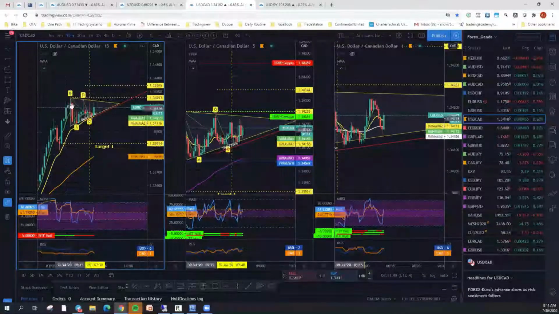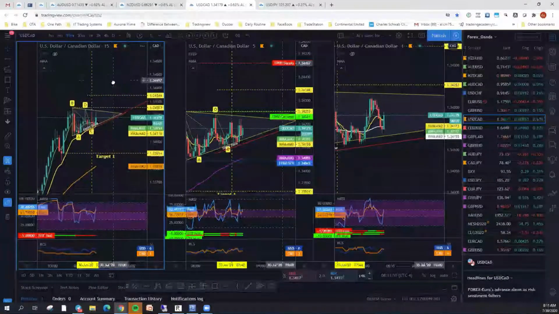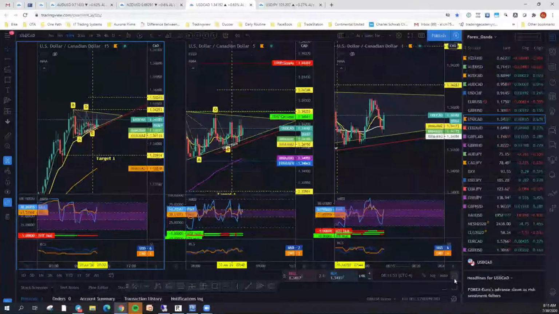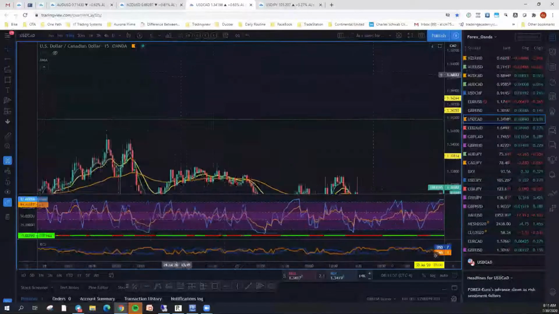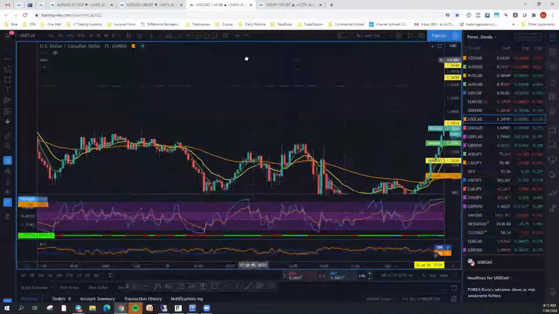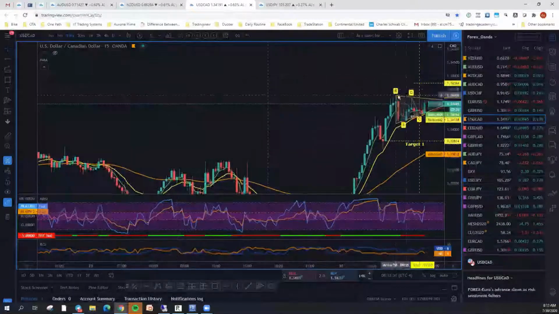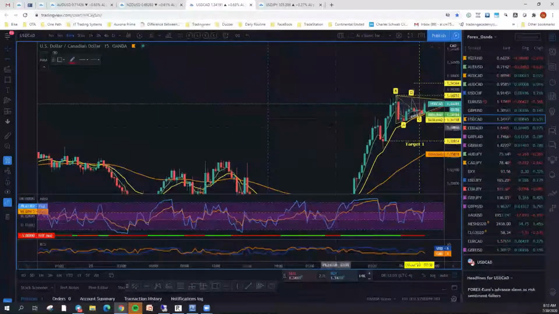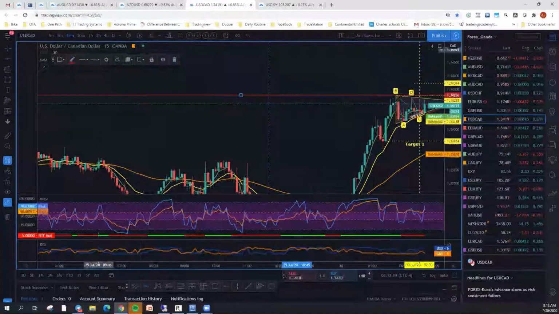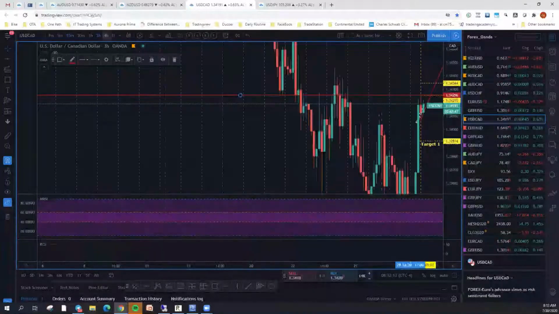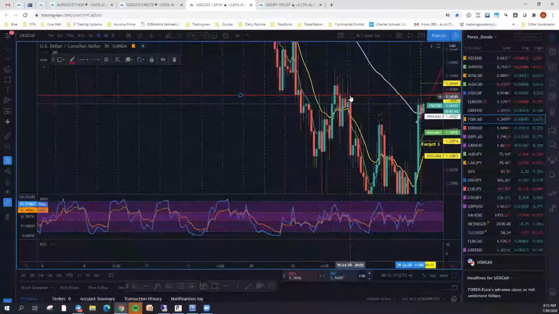And if this thing breaks to the upside, let me see where there would be resistance. There's nothing over here. If I look at a higher time frame, see where this area is, and see if somewhere over to the left there's a place where this thing started from. So that's going to be right around in this area.